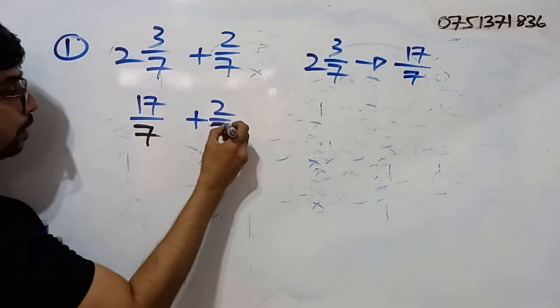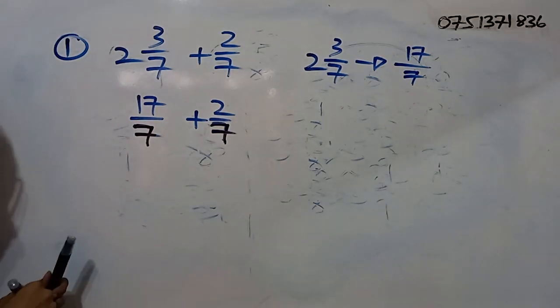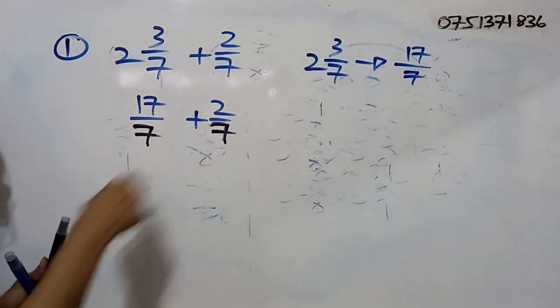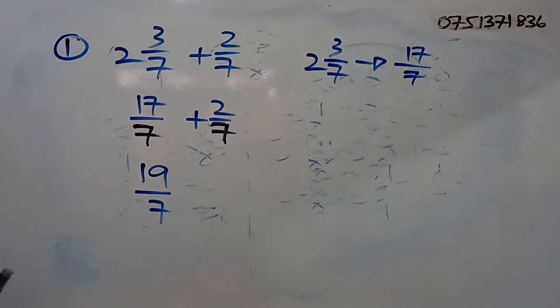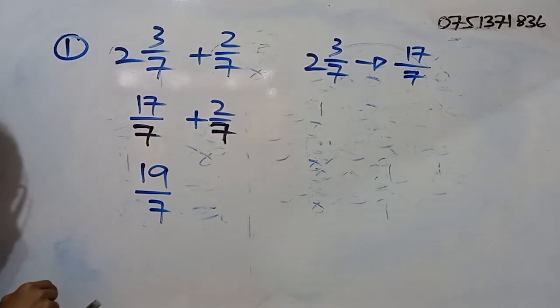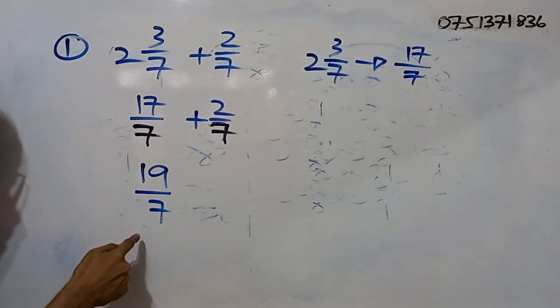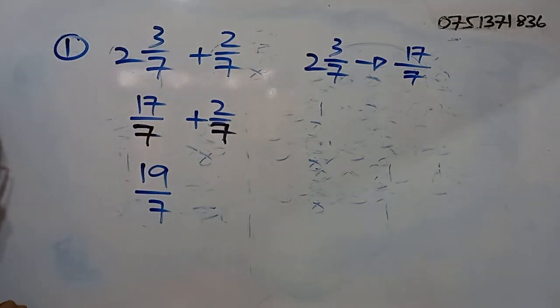Two fractions where the denominators are the same, so we can add them. What's the outcome here? 19 by 7. Now, what is this fraction? This is an improper fraction.